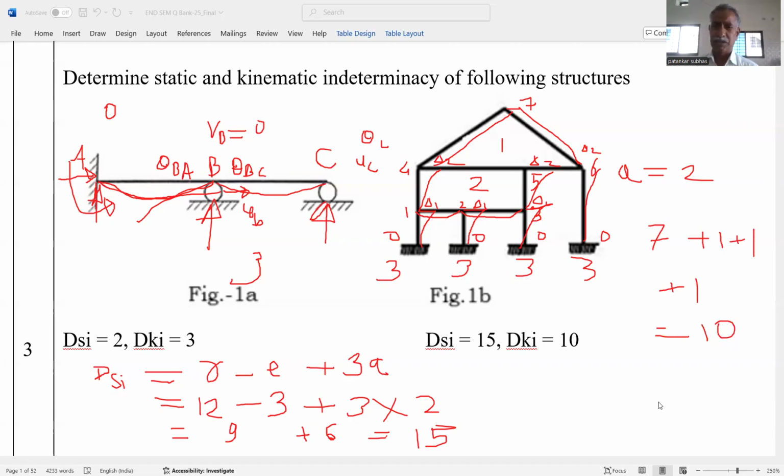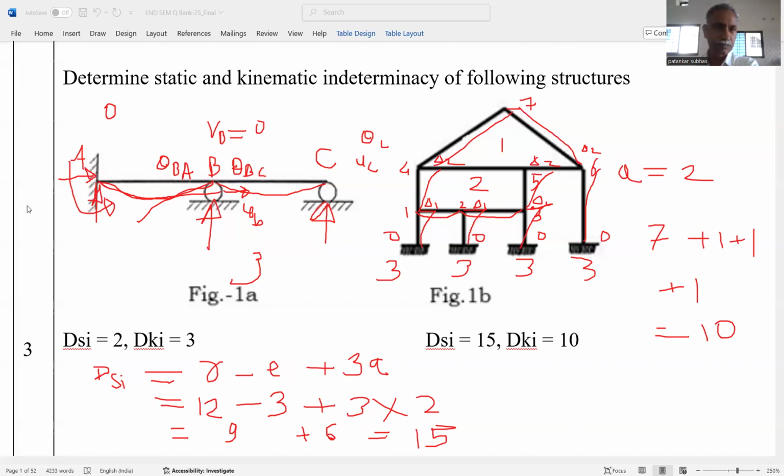If the internal hinge is connected with 2 members, then we can add one more equation. If 3 members are connected, then 2 more equations. If 4 members are connected, then 3 equations. We can add these in the R minus E equation.